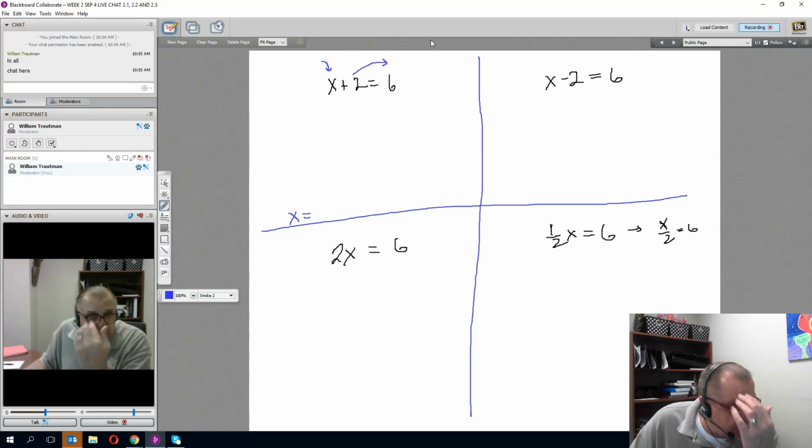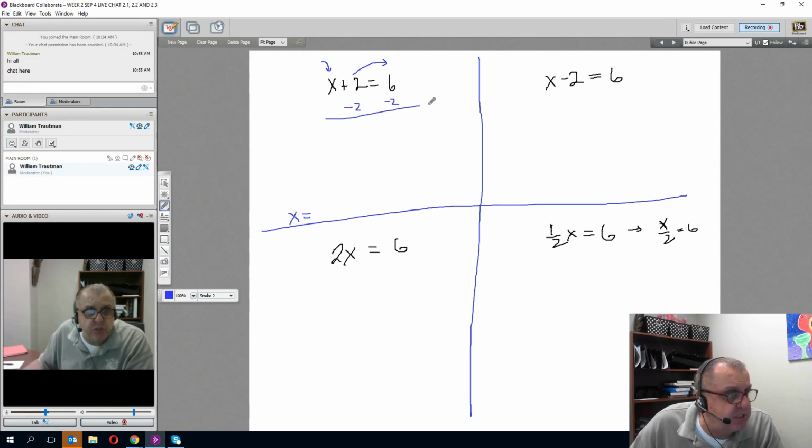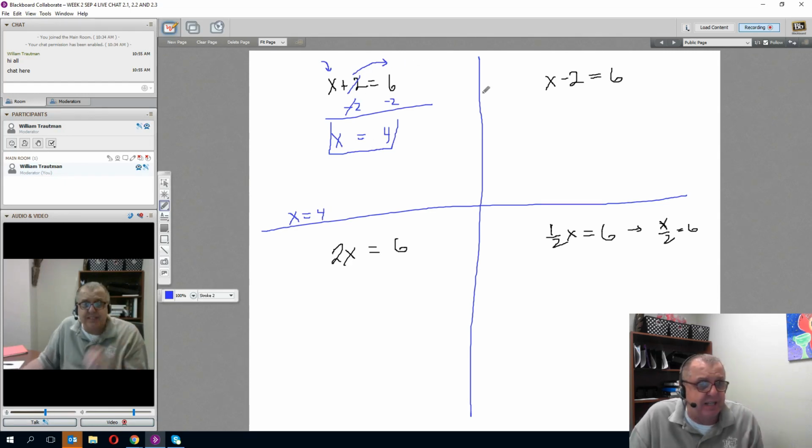To take 2 to the other side, we always do the opposite math. The opposite of adding 2 is subtracting 2. And whatever you do to one side, you do to the other. 2 minus 2 is 0. I'm left with x. On the right-hand side, 6 minus 2 is 4. So that's how we get x equals 4. We get x by itself.